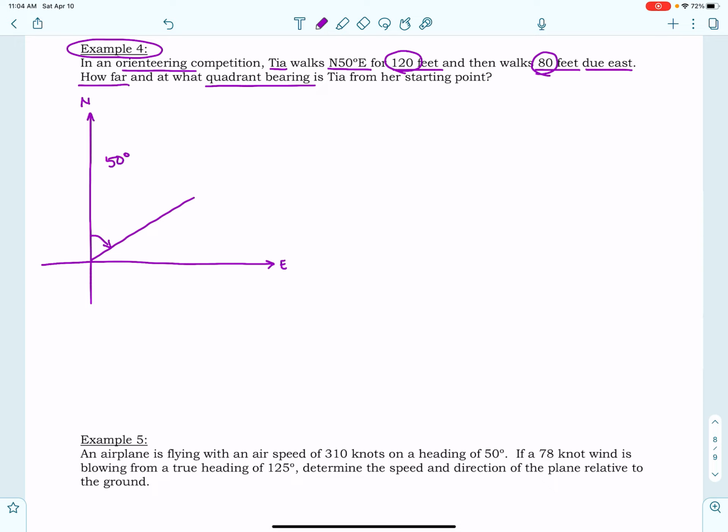So there's her first leg, and that is 120 feet. And then she walks due east. That means straight east. Okay, and that is for 80 feet. And then we want to know how far and at what quadrant bearing Tia is from her starting point. So that's going to be this right here.